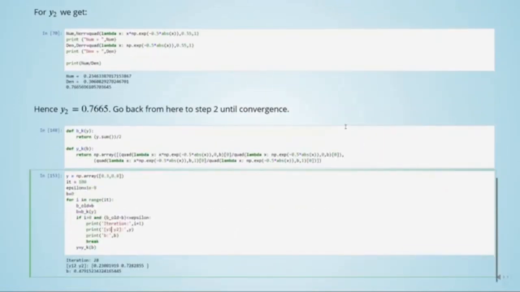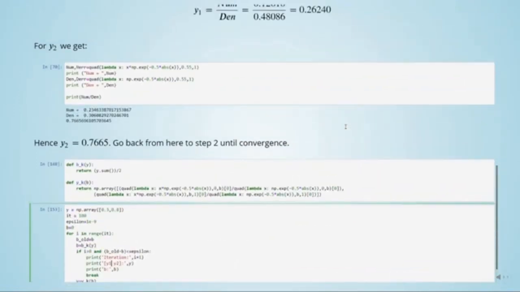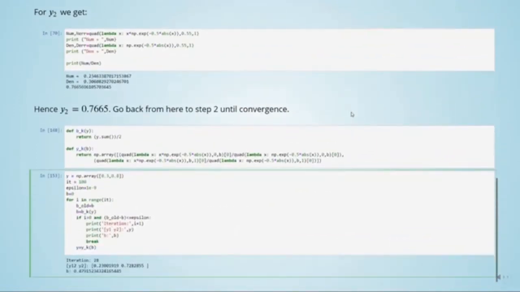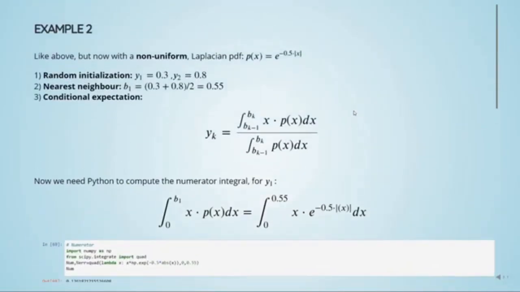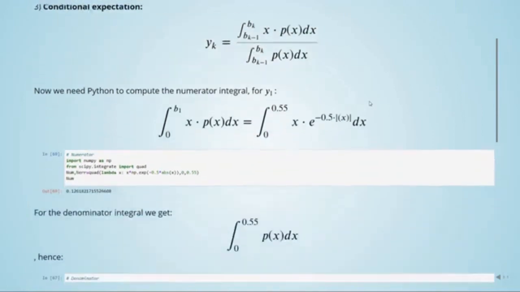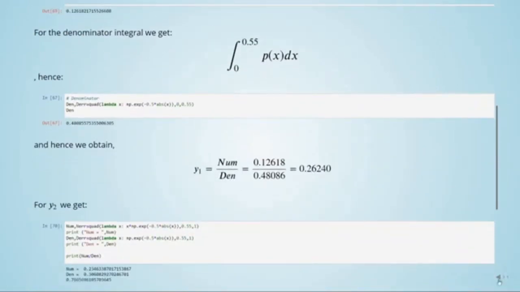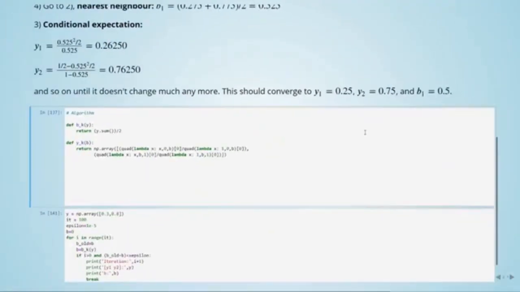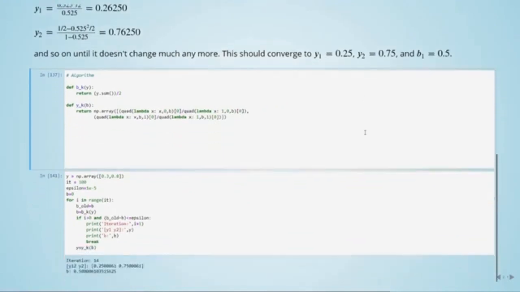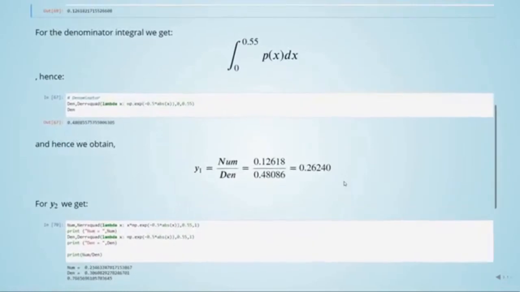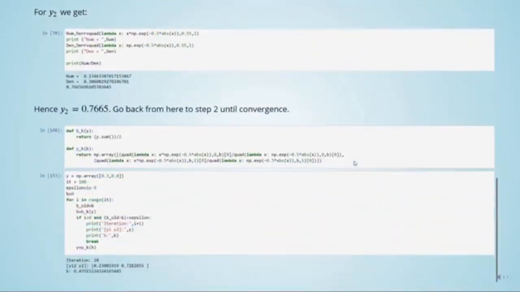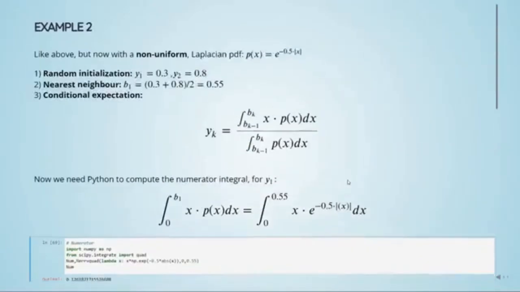So we've seen in action how this algorithm works for just a simple example where we had three boundaries. So we had b0, b1, and b2 for a uniform distribution, for a Laplace distribution, and that's it for the Lloyd-Max Quantizer.